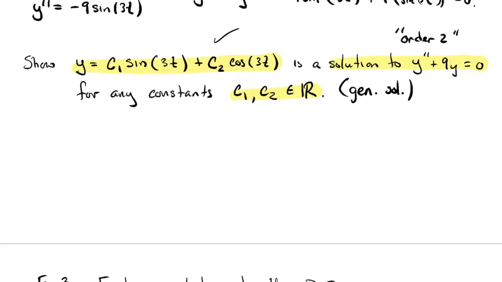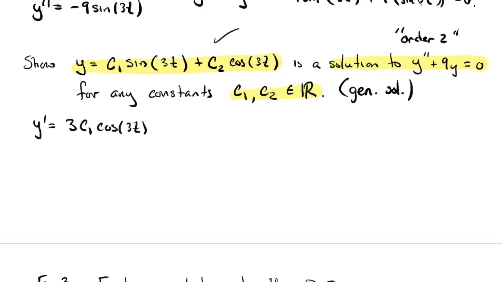So here, let's just do it real quick. At least let's compute the derivative. So if we compute y prime, I'm looking at this expression up here that I've outlined in yellow. And remember, c1 and c2 are just constants. So the derivative of c1 times the sine of 3t is 3c1 times the cosine of 3t.